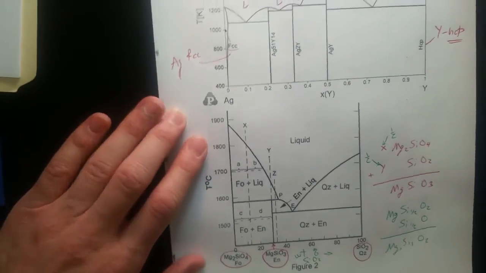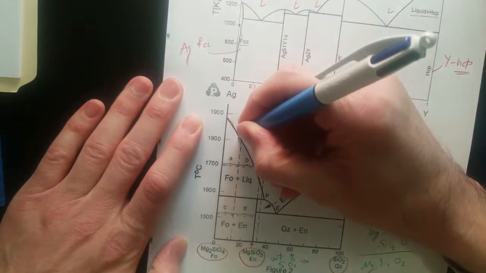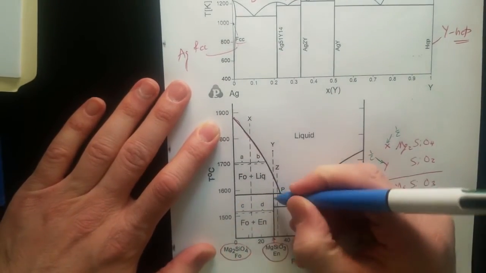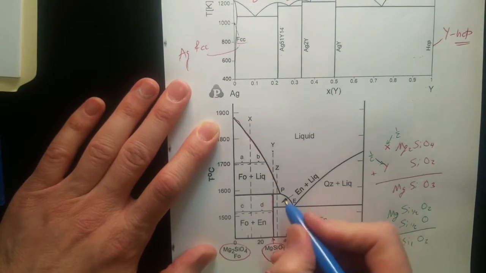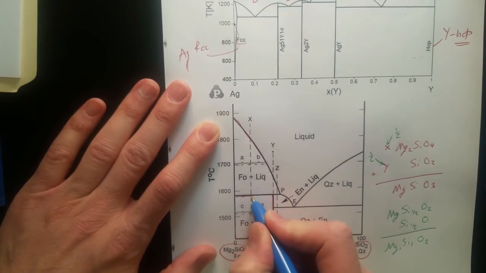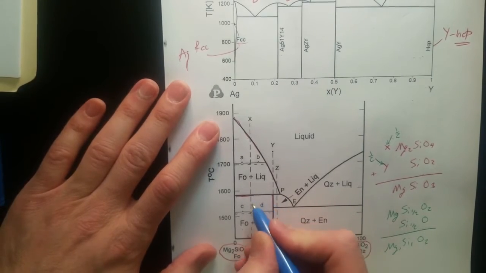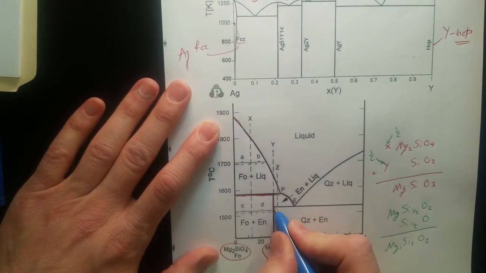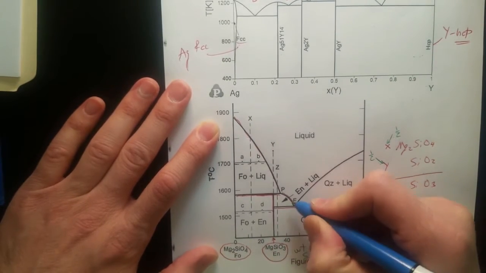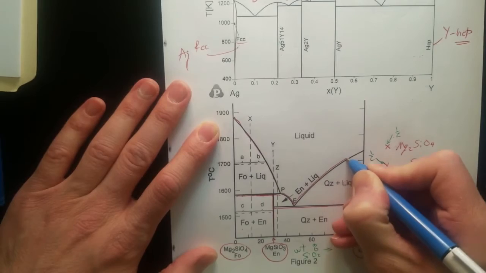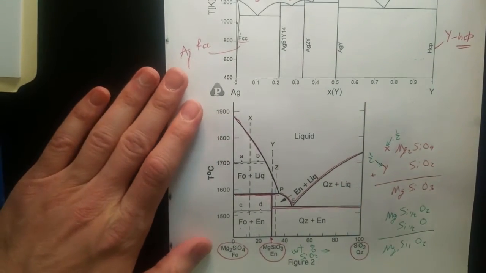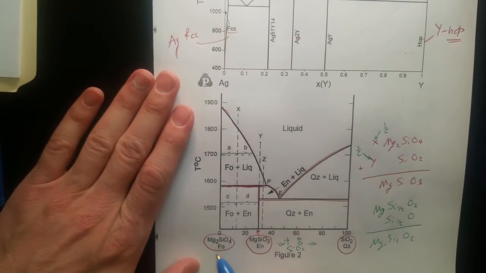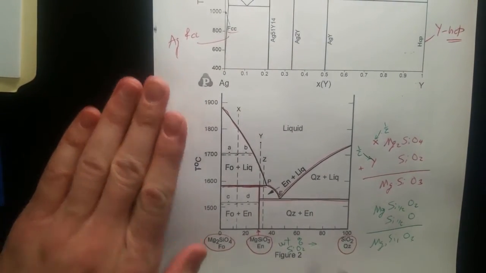The lines that are important are that. So when I created this diagram, they identified the phases, and the phases are line compounds.